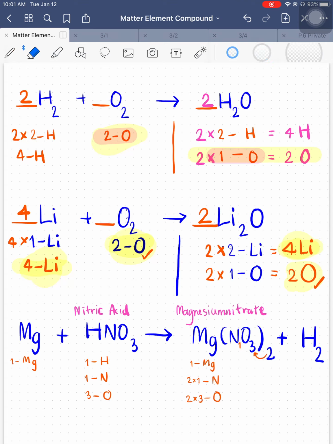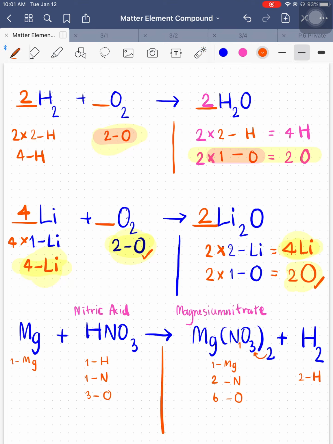So I would like to change. It will be 2 nitrogen. And it will be 6 oxygen. And the last one is just 2 hydrogen, right? So let's check each. On your left hand side, just one magnesium.